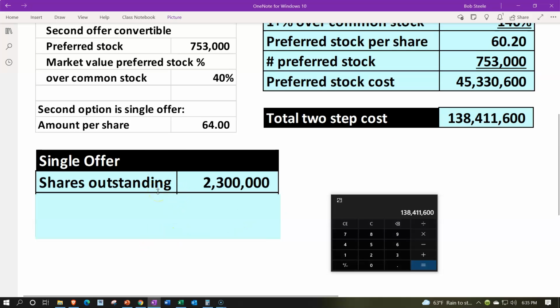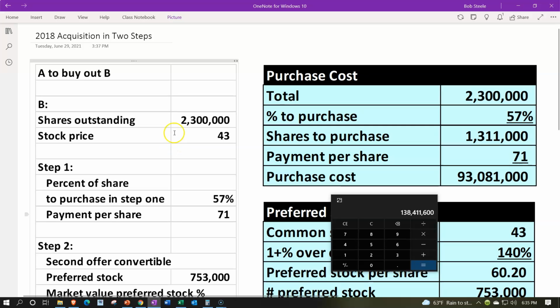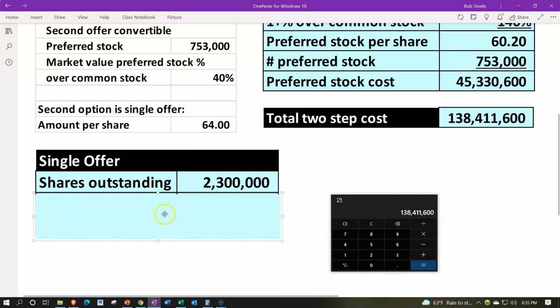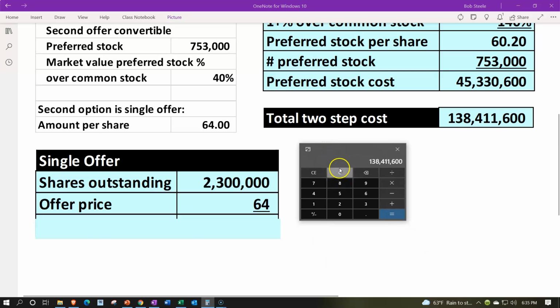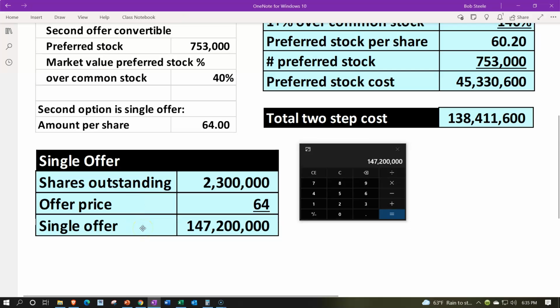We have the total shares of 2,300,000. If we give a flat rate of 64 per share, we take 2,300,000 times 64, which gives us 147,200,000. That, of course, is greater than the two-step process.